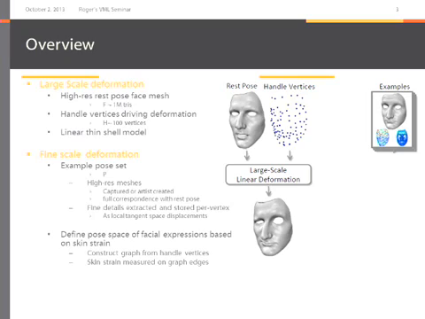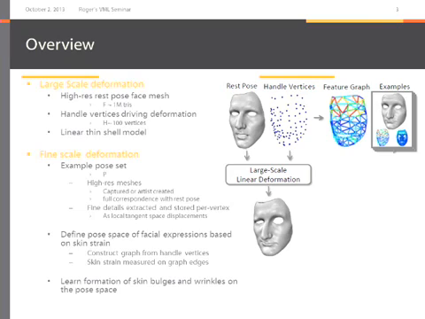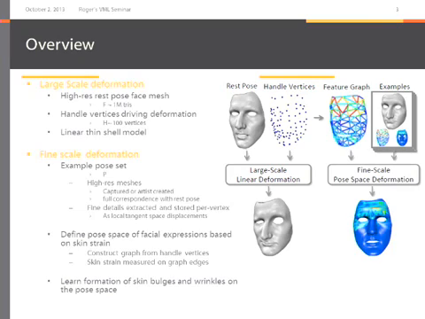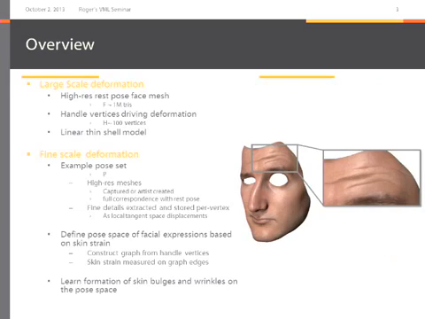Finally, in order to associate this displacement to a pose, they create a mesh from the handles, and in this mesh they encode how the surface stretches. Then they learn a system of how the stretch of the skin generates this fine detail scale, and when the system is learned, they can just apply this to generate. Finally, the final result is the summation of both, and then they can achieve this kind of results.